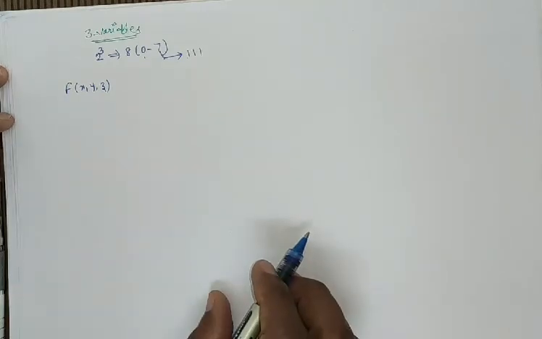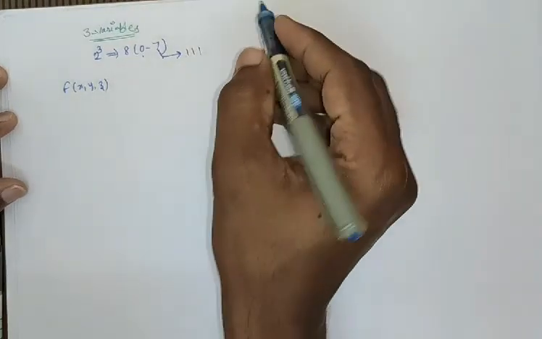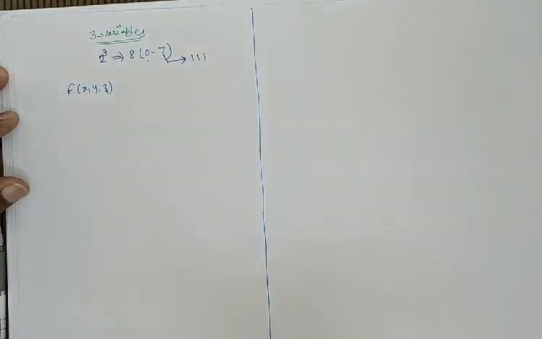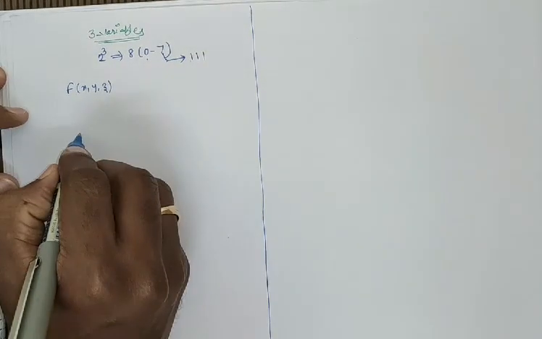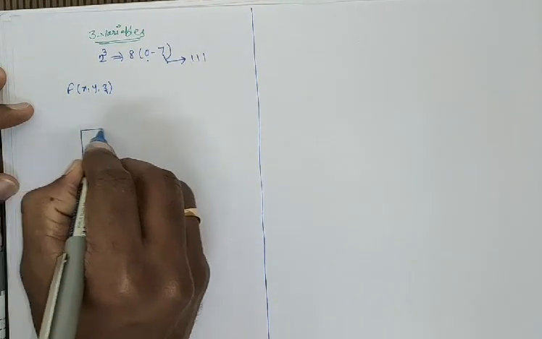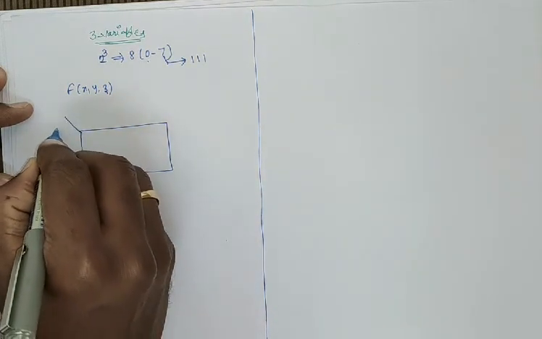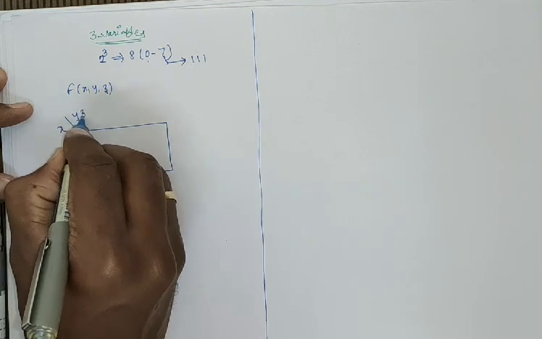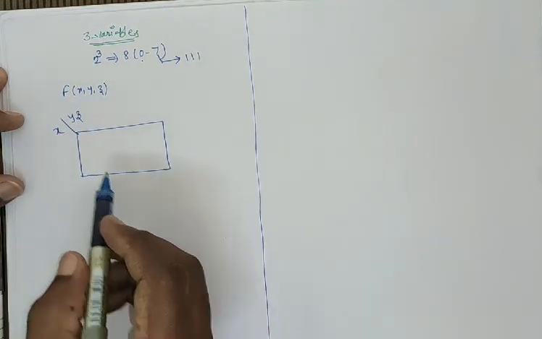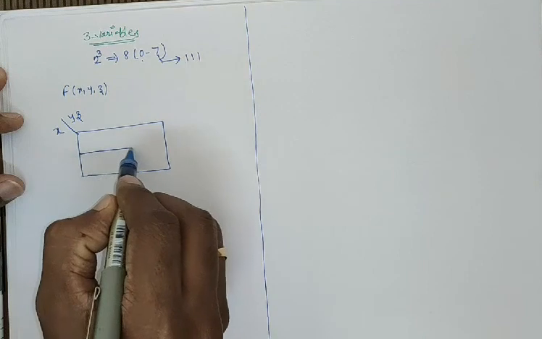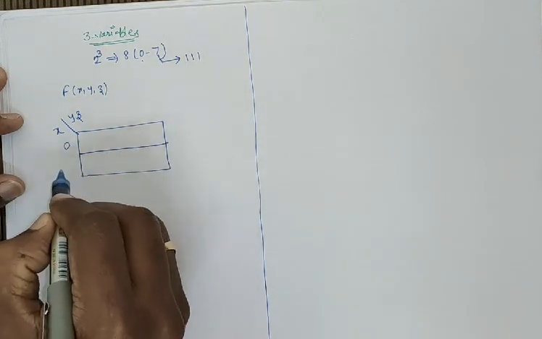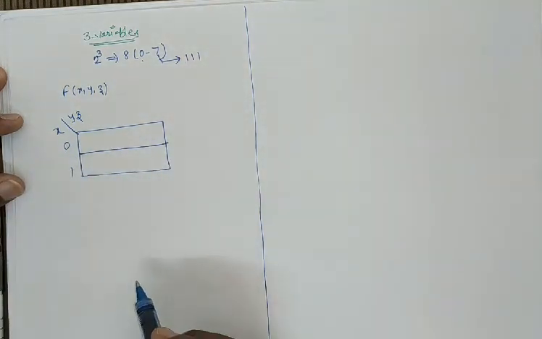With 3 variables, we have a function representation F(x, y, z) equal to something, which we can consider either as SOP or POS. Here, consider x, and here yz. For x there is only a single variable, so we write 0 and 1.